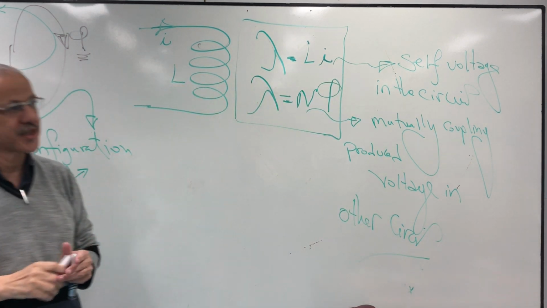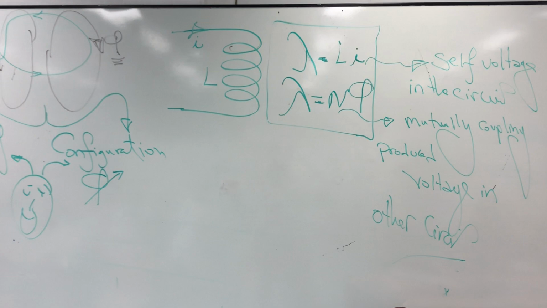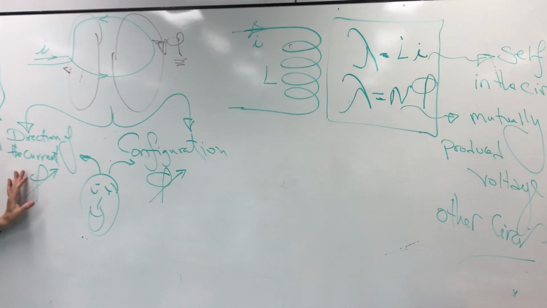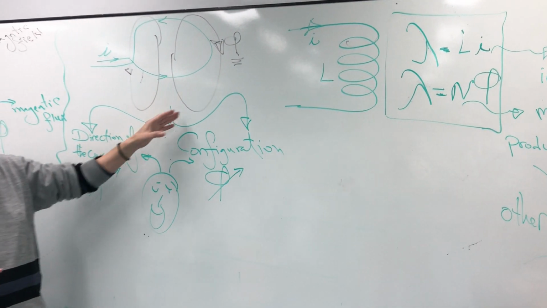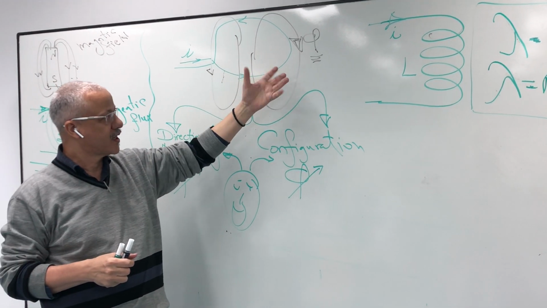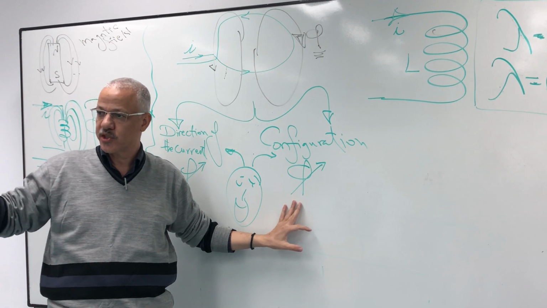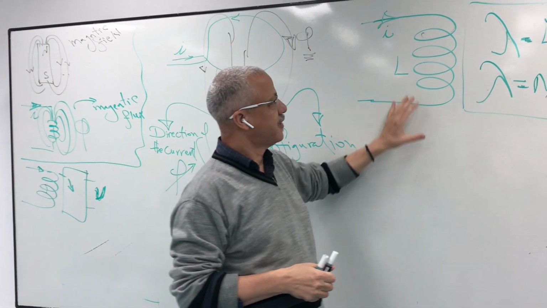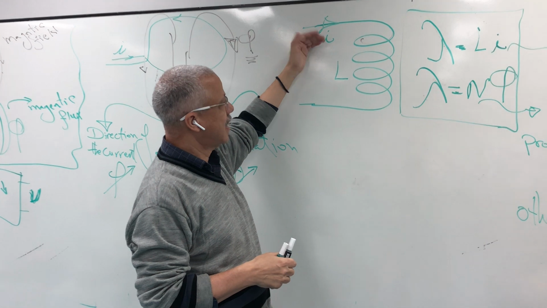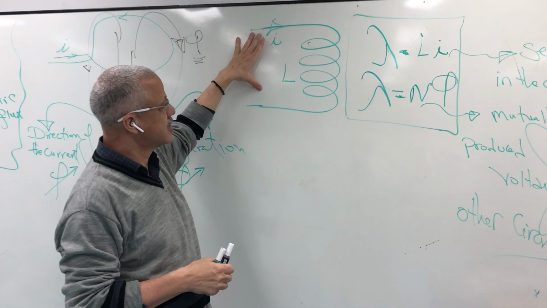Let me conclude once more. If we change the current in the circuit or in the coil, what happens to the flux? The flux will change. If we change the configuration of the coil, what happens to phi? The flux will change. Here we have coil current; Ampere tells us if the current flows in here, we can deduce the voltage.